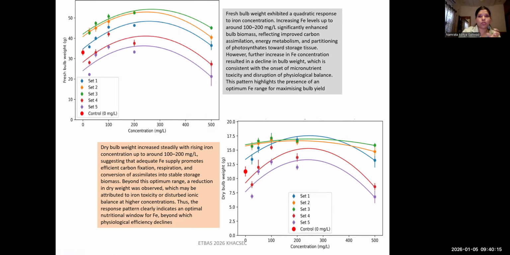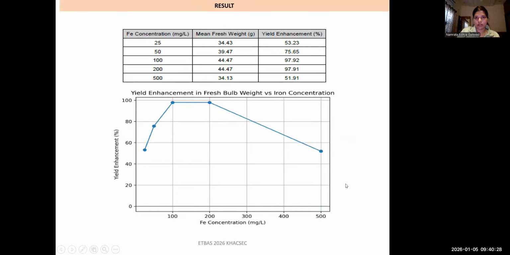So if I put the data, the final conclusion or the final result that we are expecting from this particular presentation is talking about the garlic crop productivity in terms of yield.